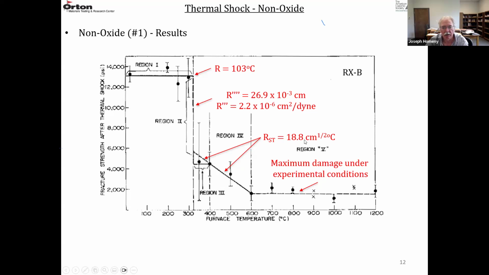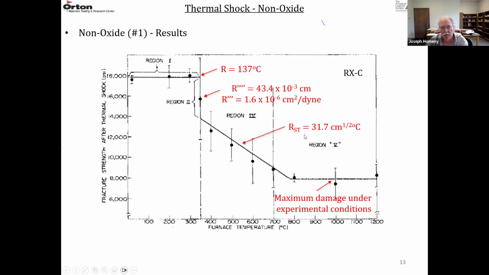It's 18.8 here. So it predicts the right trend. This RST value is much higher for this material RXC with the bimodal grain size distribution. So both R4 prime and RST really work for this material, predicts the difference in the damage.